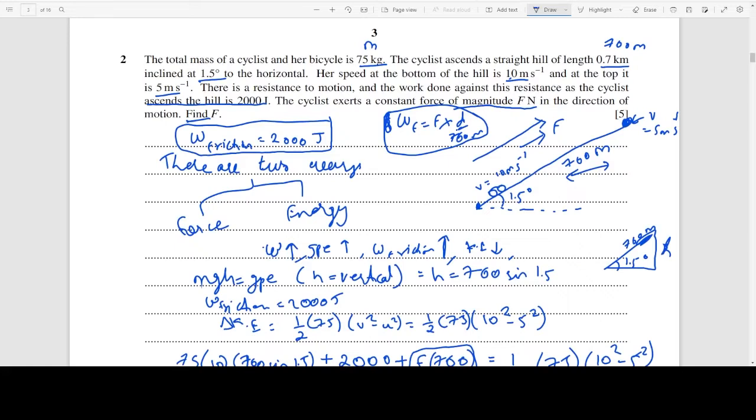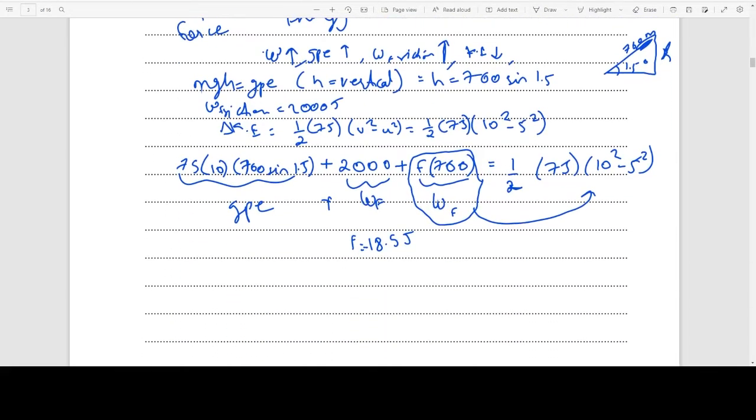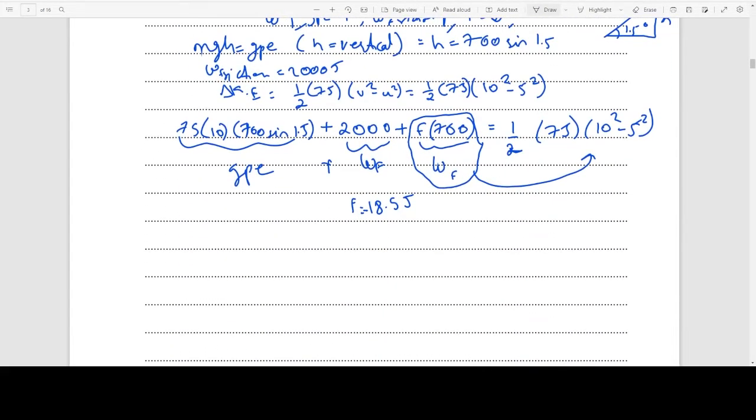I think the silly mistake that I made is that this constant force of magnitude F Newton is actually the force exerted by the cyclist, which will actually reduce in magnitude, because the work done by the cyclist will keep decreasing if he keeps losing the energy that he applied on the cycle as he goes to the top. The magnitude will actually decrease. So that's why we got F as negative 18.5, which is wrong.